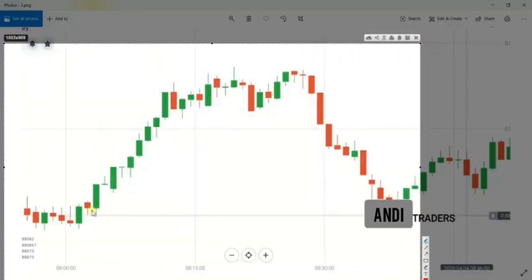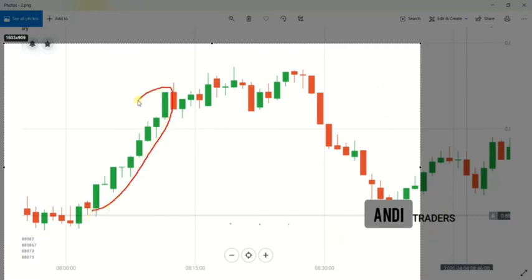It is not always that the market makes a bullish momentum and then exactly the bearish momentum like the previous candle. This type may also happen.